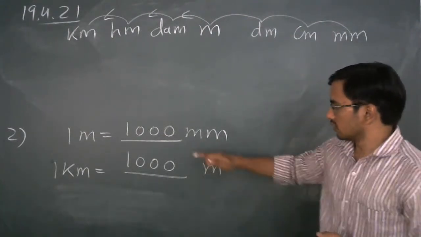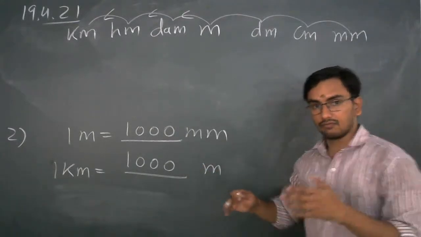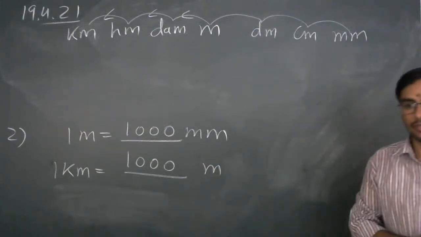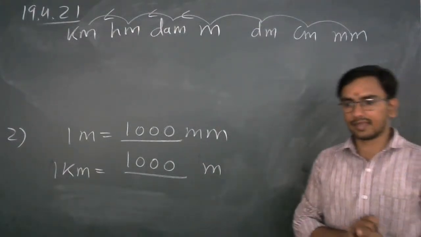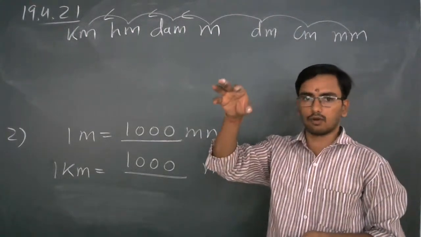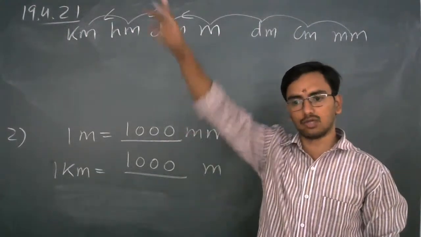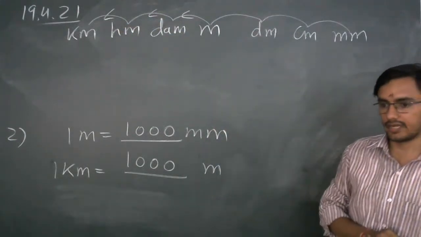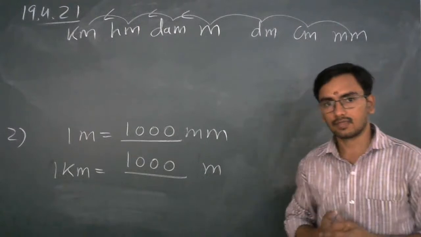So that is only in meters. If we go for 1000 meter, it becomes 1 kilometer. Like the distance from our school, from Upperwali Gate to the transport main road outside, is nearly 3 kilometers.